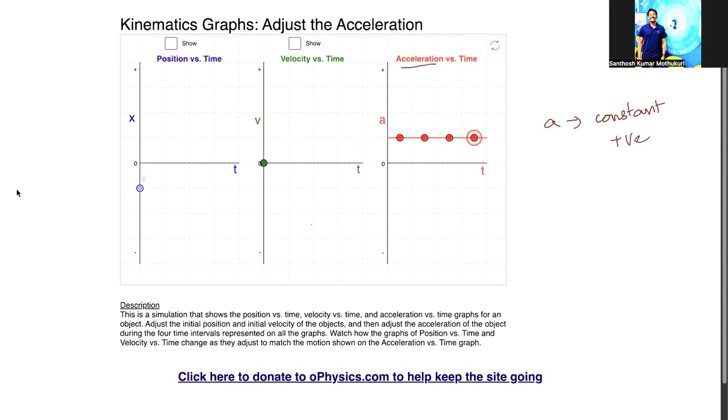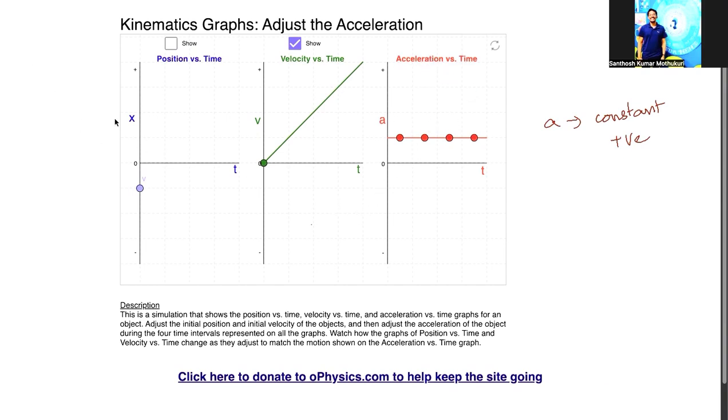Now let me click on the velocity versus time graph and see what would happen. Look at this. This is a linear graph, which indicates that the gradient is constant. If I take the gradient between these two points, the gradient is same, and the gradient is same everywhere. So as long as it has a constant gradient, that means it has a constant positive acceleration.